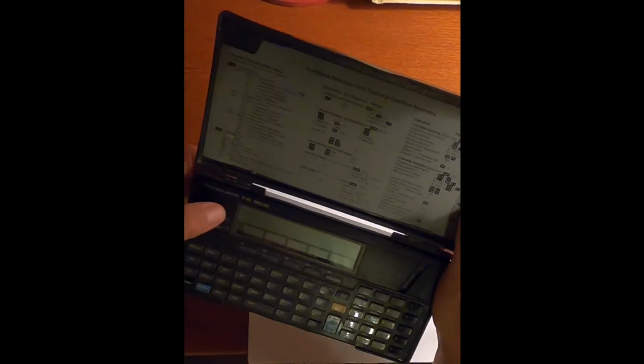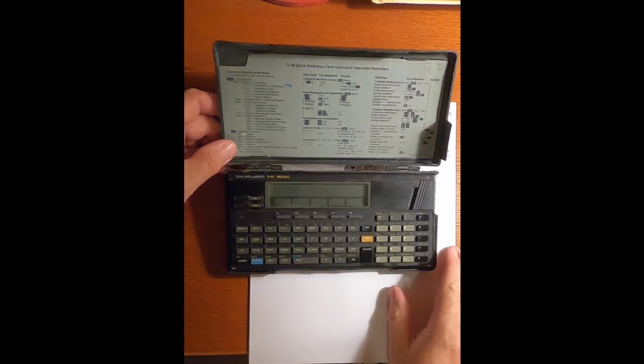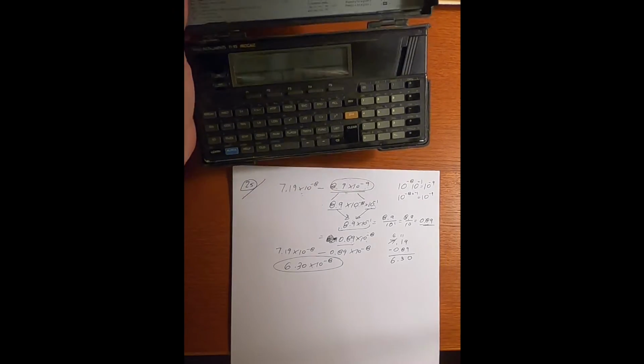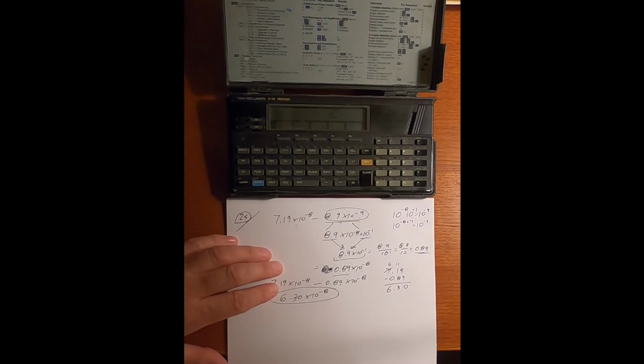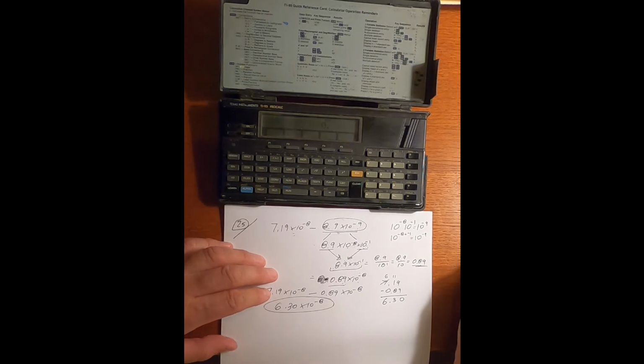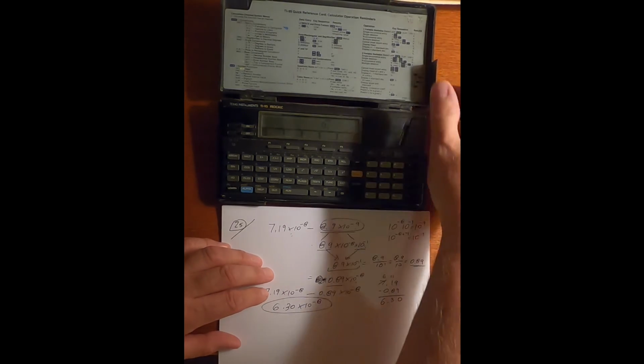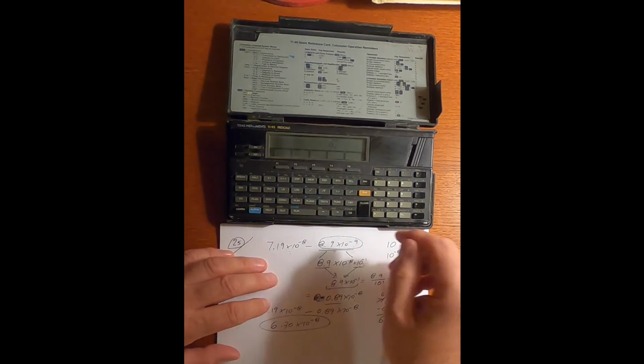I don't know if you have a calculator out there, but some calculators can do these problems rather simply to check your answers. I know your teacher's not going to allow you to use one on the test, but you should use one to check your answers.